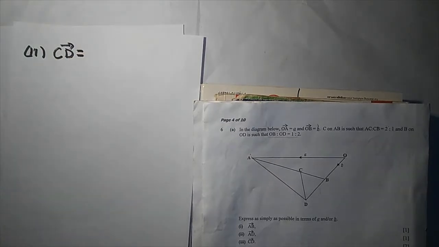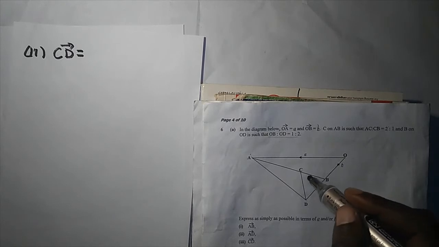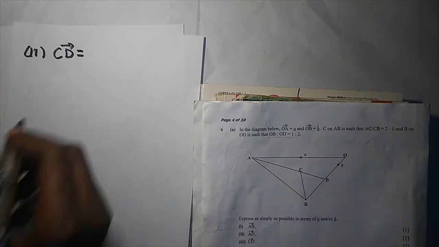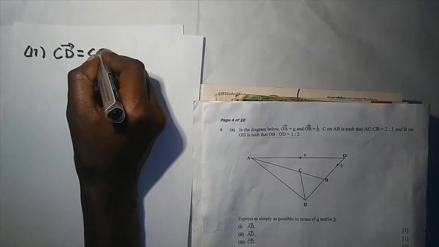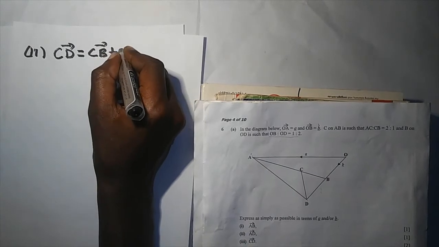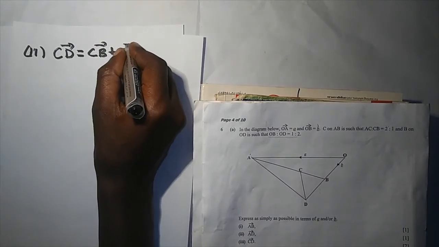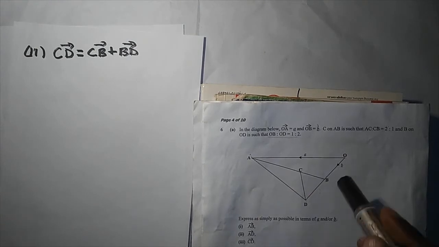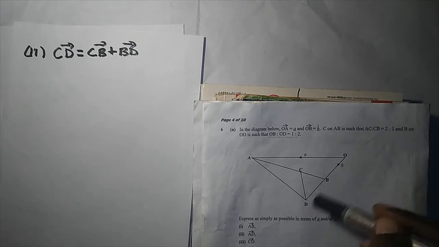Okay, so for us to find CD, we are going to move CB plus BD. So we are going to have CB plus BD. Okay, so we can find both of these because we have ratios.